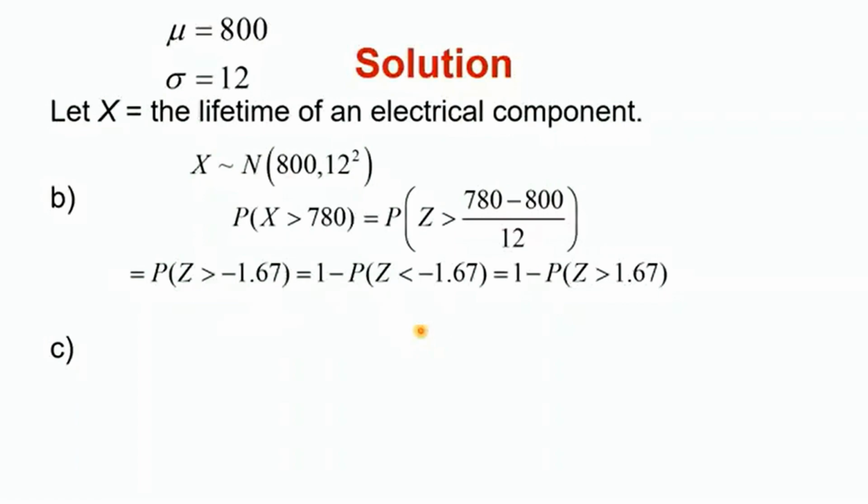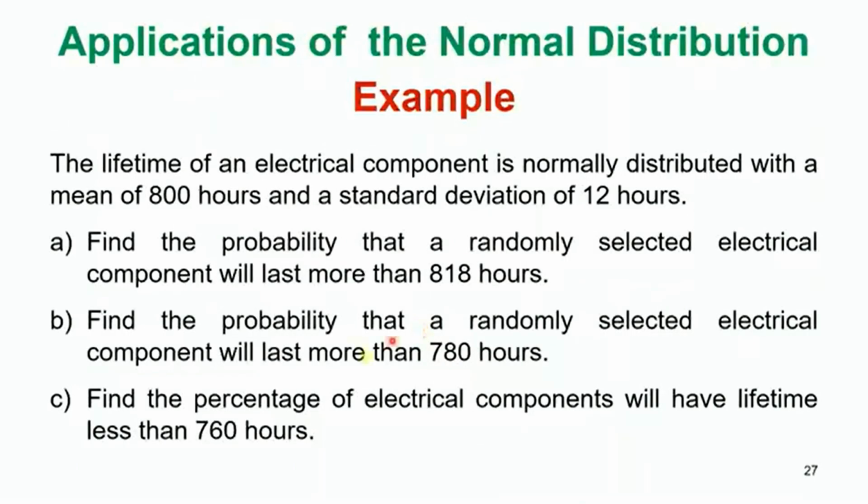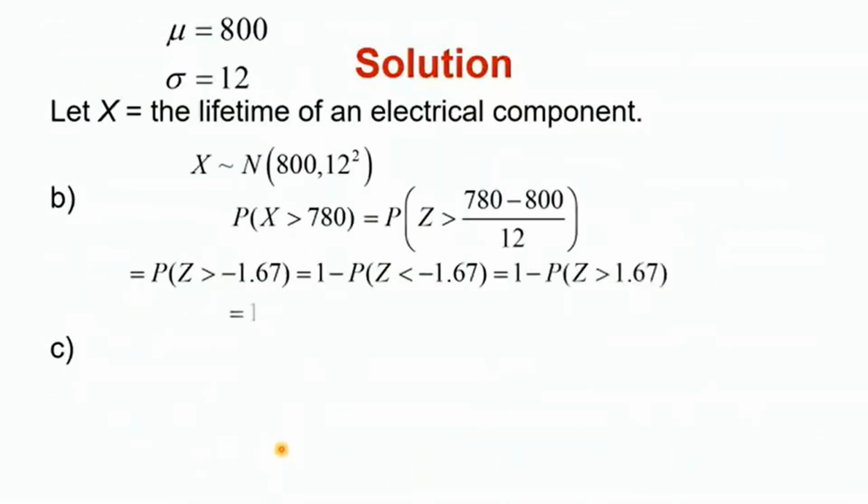For the next example, part C, find the percentage of electrical components that will have a lifetime of less than 760 hours. We need to find the probability of X less than 760. Again, same thing we do.